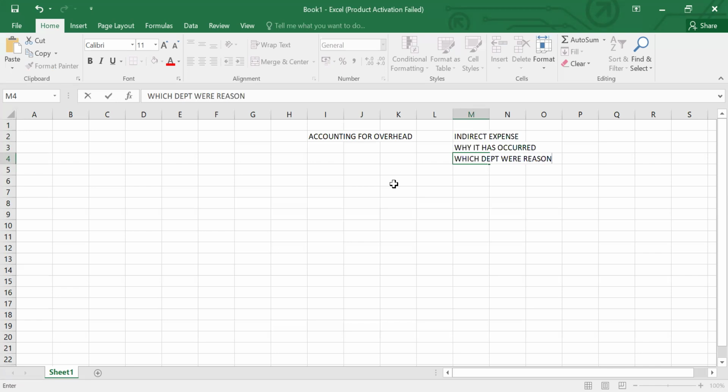And once we have identified the list of departments involved, we distribute this expense over these departments using certain techniques, right? Are you clear until here?